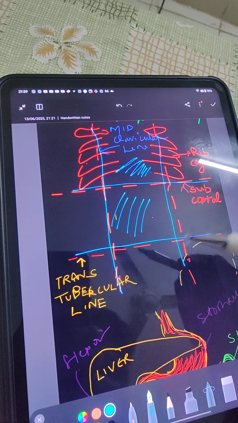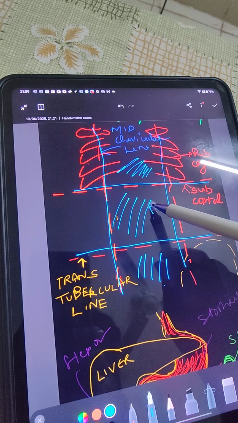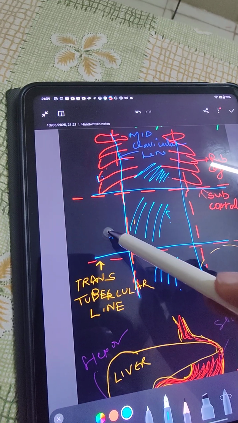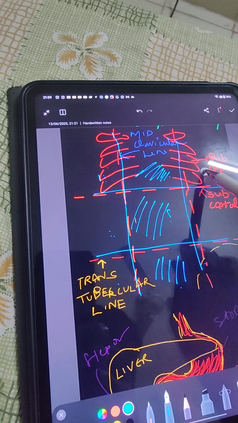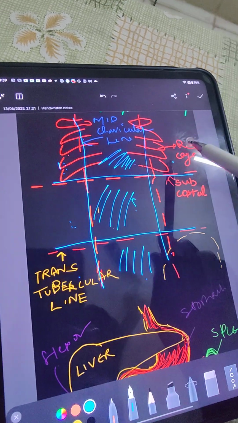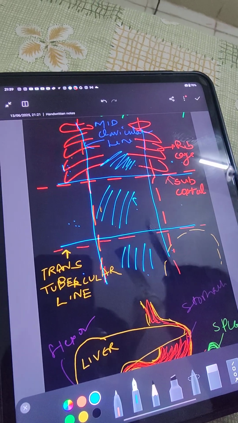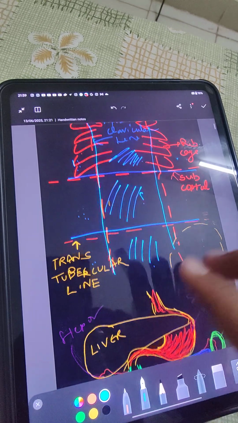This one is umbilical. Then hypogastric, right hypochondrium, right lumbar region, and right iliac region. Right and left hypochondrium, right and left lumbar, right and left iliac regions.